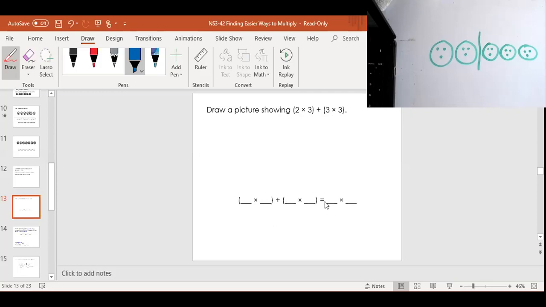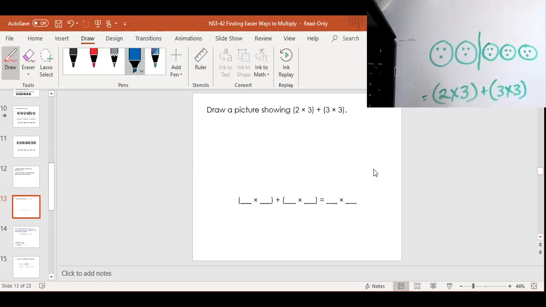Okay, and now I'm going to write it down here. Well, they've already written it up here, but I'm going to write it down again. 2 groups of 3 plus 3 groups of 3. And in this one, they want you to do the whole amount together. So I'm just going to put the equals over here. What's all together? How many groups of 3?